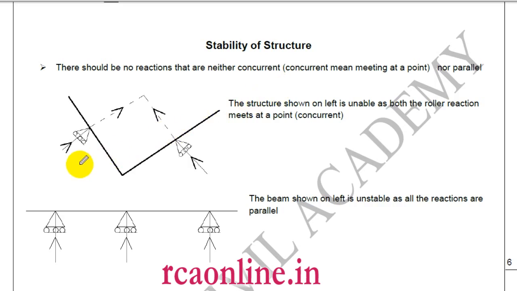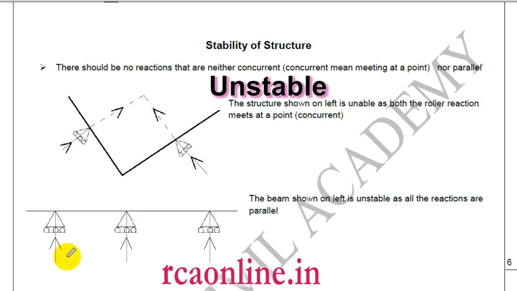So we can use one more thing: if the reactions are concurrent, meaning they meet at one point, then that structure will be an unstable structure.